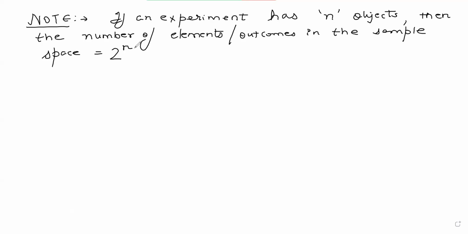If an experiment consists of n outcomes or n objects, then the number of elements or outcomes in the sample space will be 2 to the power n.